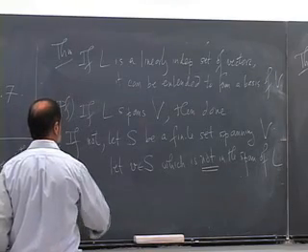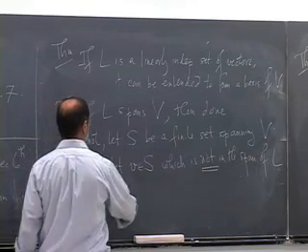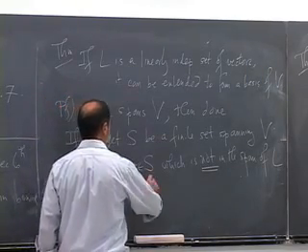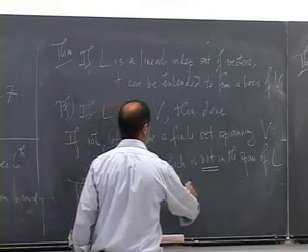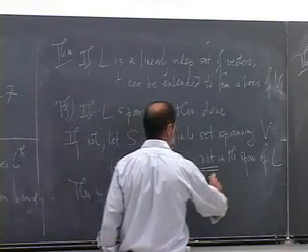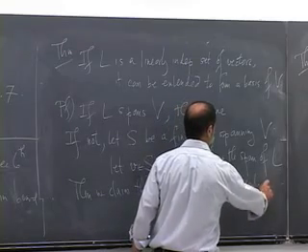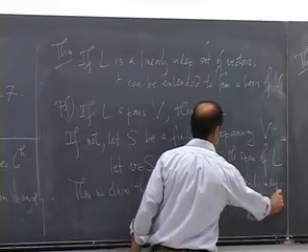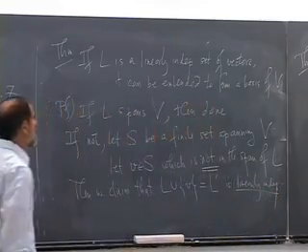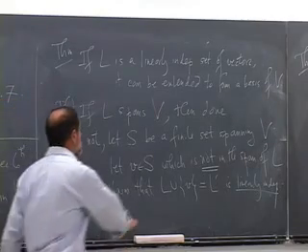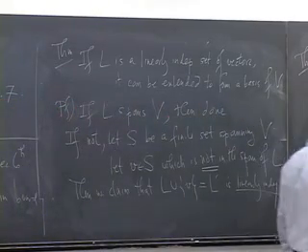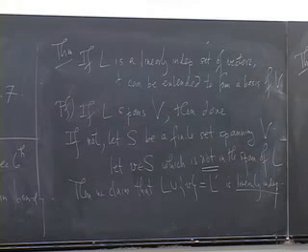Then we claim that the union of L and v, call that maybe L prime, is linearly independent. So that if you add v to L, so we just add one vector to L, we get something which is linearly independent. Here we threw one vector out of the spanning set.